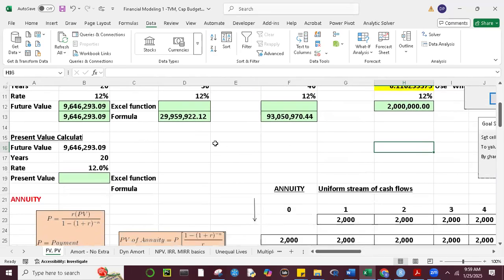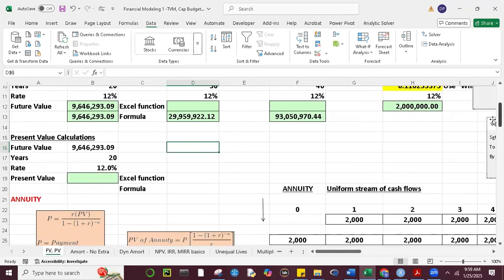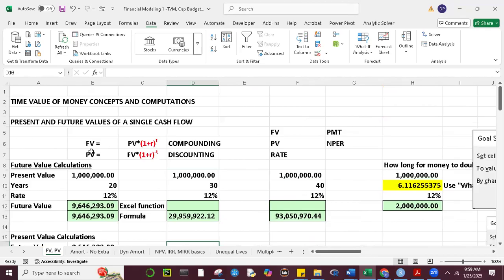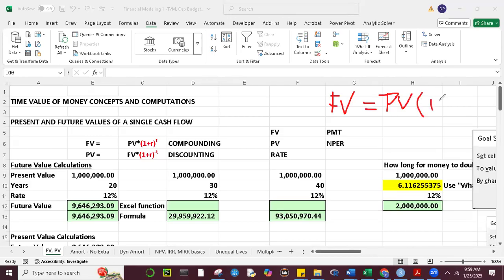Moving on, class. How about present value? This is similar to your future value. The only difference is that present value, on the other hand, is equal to future value times (1 plus r) raised to the negative t. And that can easily be shown. Let me annotate. Your future value is equal to present value times your compound factor, (1 plus r) raised to the period.